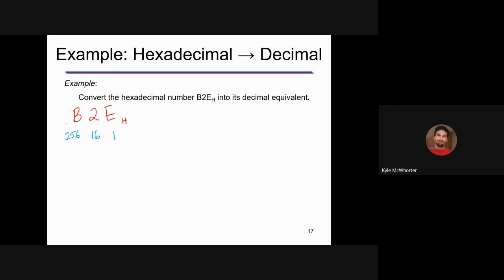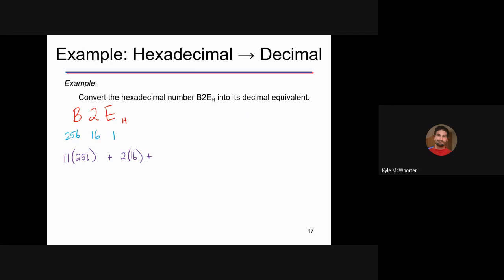So B was 11. So for this place value, I'm doing 11 times 256. For the 16s place, I'm doing 2 times 16.